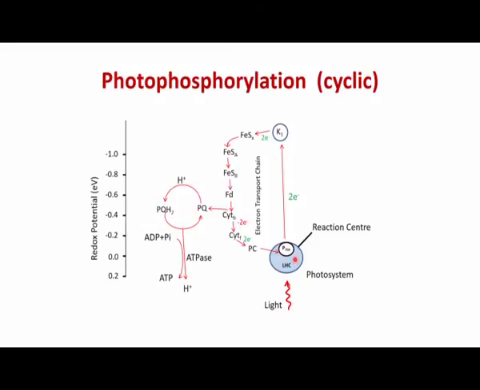As we discussed earlier, phycocyanin is a mobile carrier. Phycocyanin gives the electron to P700, and in the presence of light, the electrons come out from the reaction center, and then these electrons are accepted by vitamin K1 or the quinone.